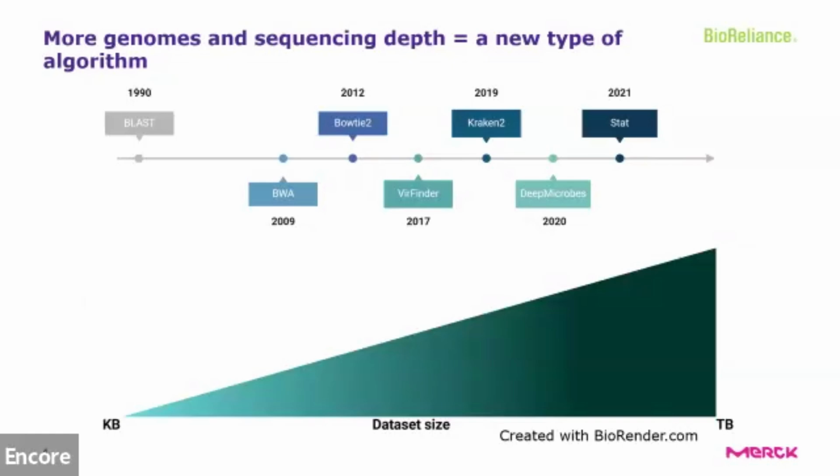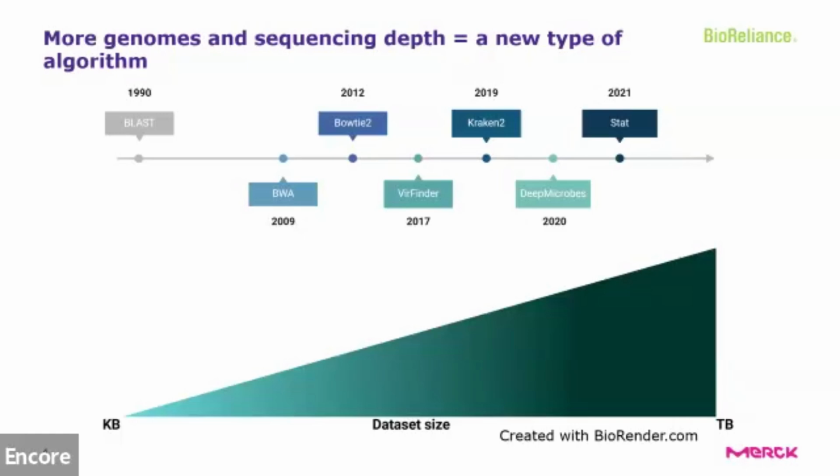So if you look at BLAST, for instance, when that came out, we talked about kilobytes of data. These days, we talk about terabytes of data. And you see that as databases grew in size, as the throughput of Illumina machines and all that grew, the bioinformatic pipelines dealing with that data also changed.